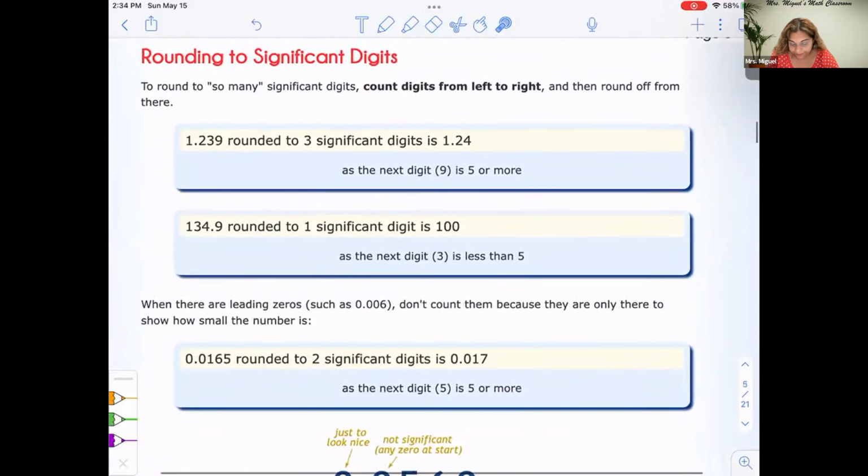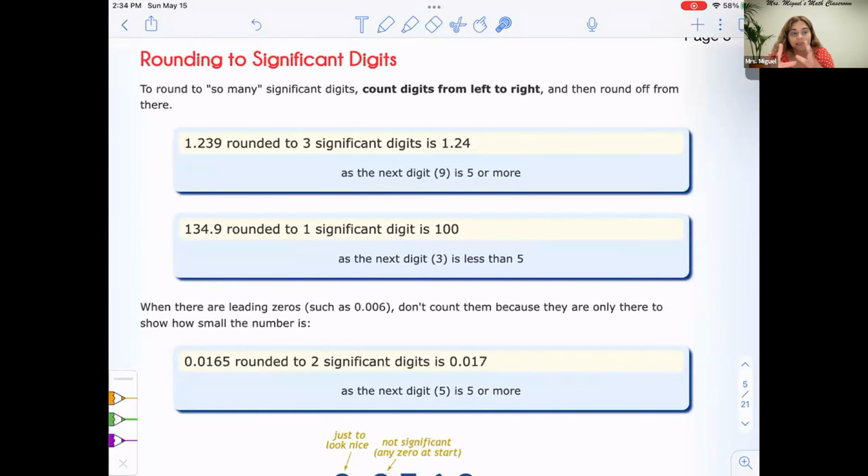Now this is where it gets a little bit technical. We have to round to significant digits. To round to so many significant digits, count the digits from left to right. So we start from the first digit, and that is how we count significant figures.